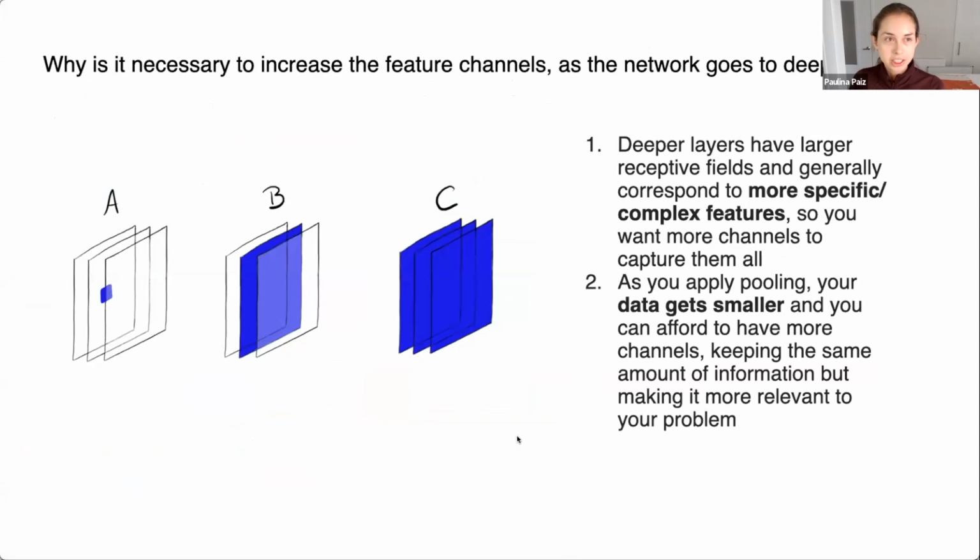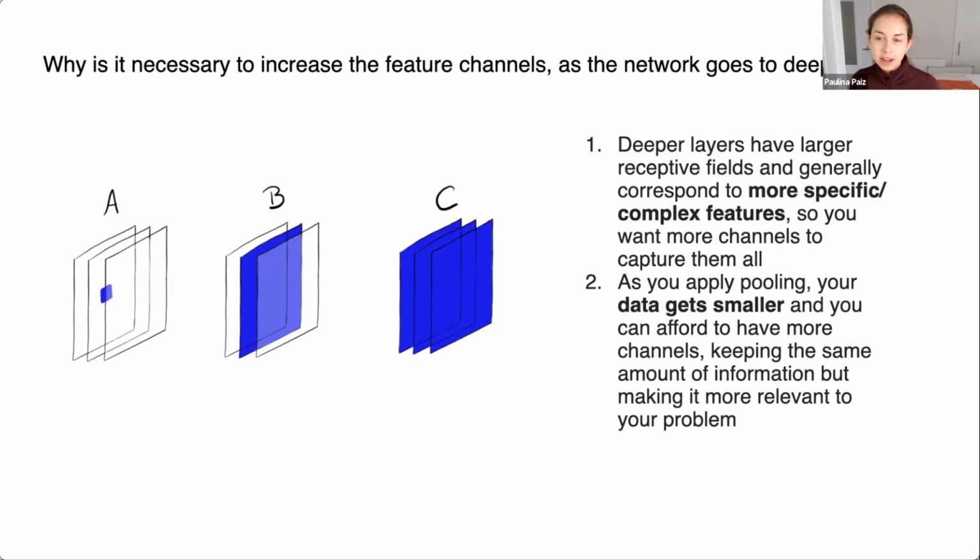So like I mentioned, they start with a fraction of the channels and then increase. And this is something that I wasn't too familiar with. Why is it necessary to increase the feature channels as the network goes to deeper layers? So the first reason is that deeper layers have larger receptive fields and generally correspond to more specific or complex features, so you want to have more channels to capture them all, which makes sense, right?